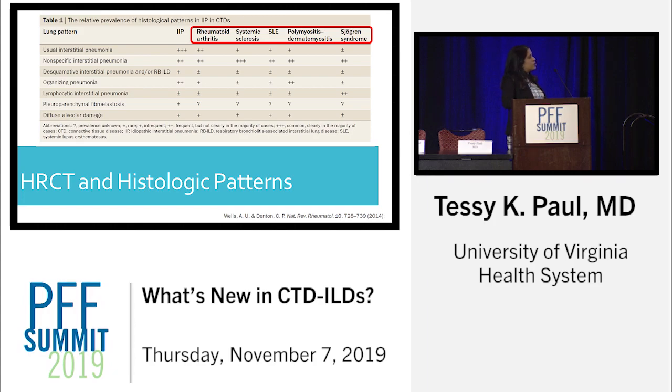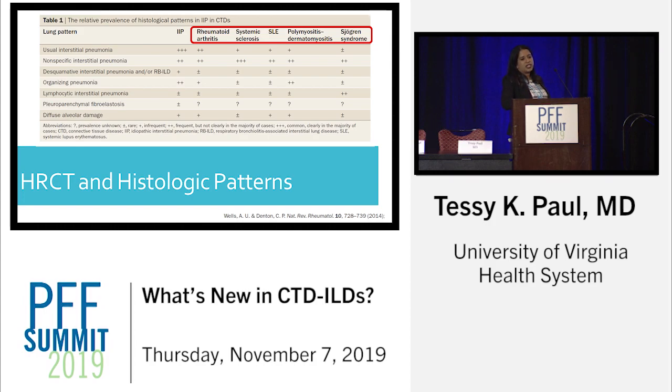With regards to histopathological or HRCT findings, these are some of the patterns you might see, and you can see UIP most commonly seen with the idiopathic interstitial pneumonias, or IPAF, even though less common in CTDs in general, it can commonly be seen in rheumatoid arthritis.